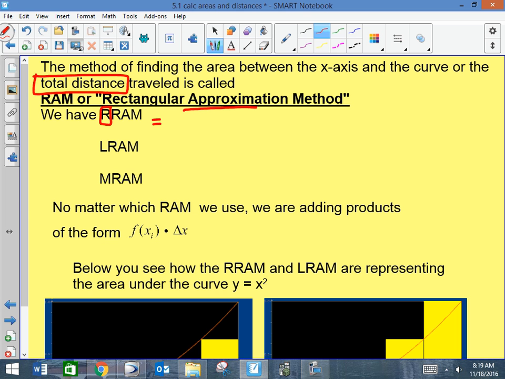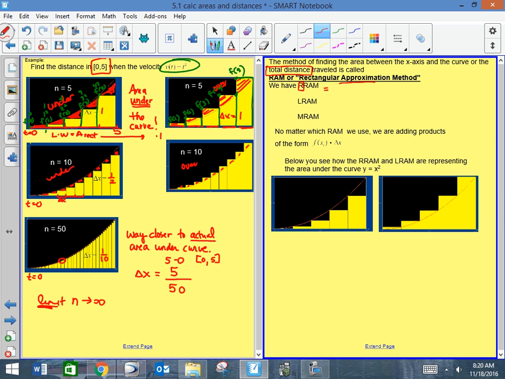We haven't really talked about that. Let's look at the figure. The difference between this one and this one is the R and the L. No. The RAM is the rectangular approximation method. Right and left. That's what we're doing. From the right rectangular approximation method, and left, from the left.